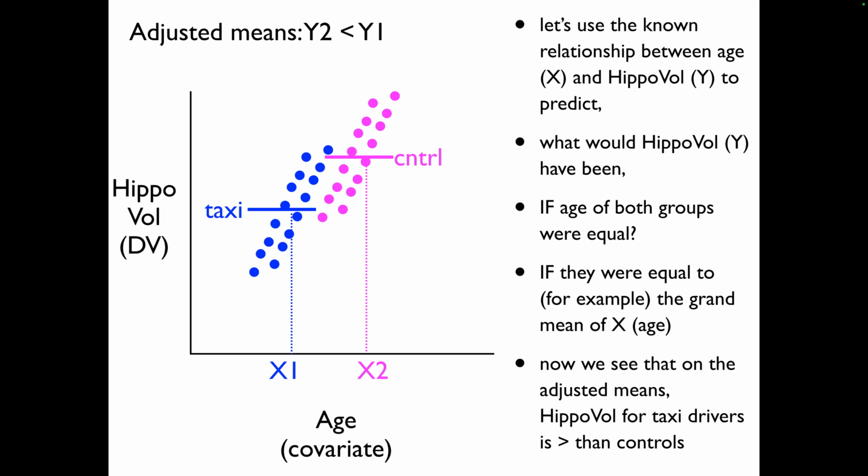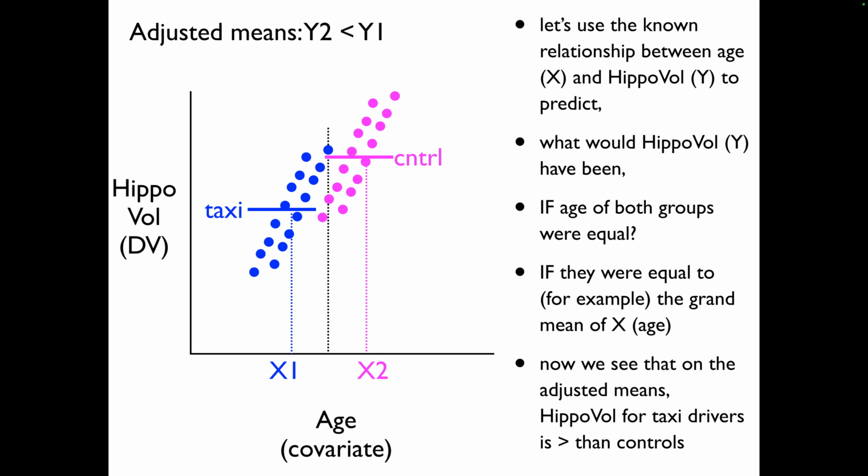So we have to come up with some proposed age to project both groups onto. And the natural thing to do is just take the grand mean of age across the whole experiment. So that black vertical line is the average age across the whole experiment.